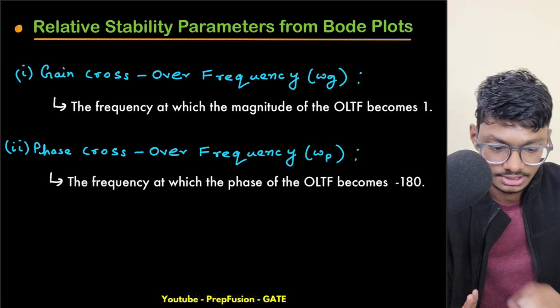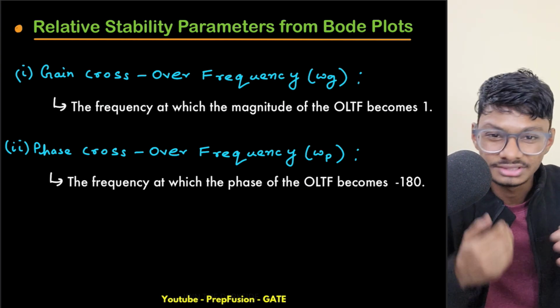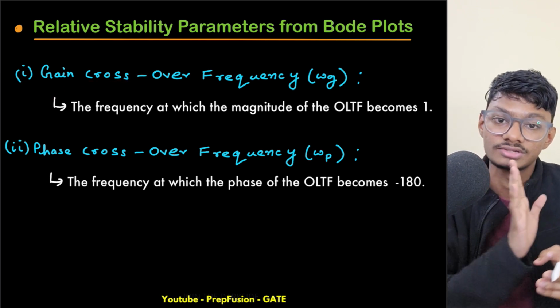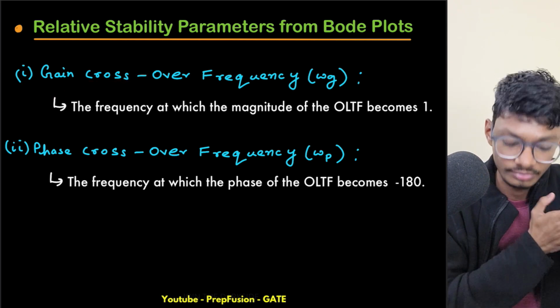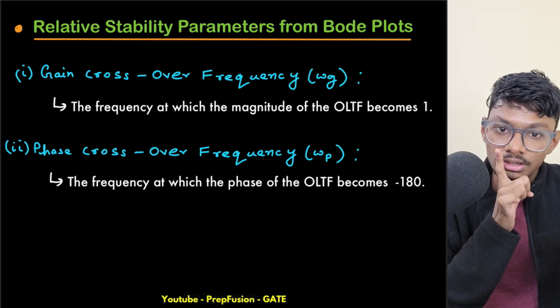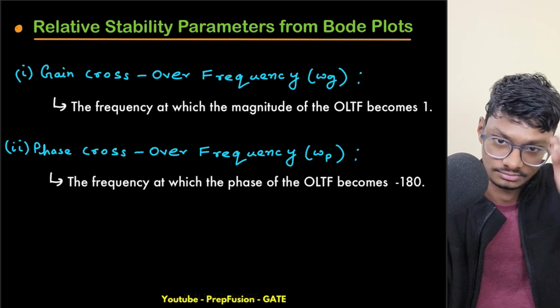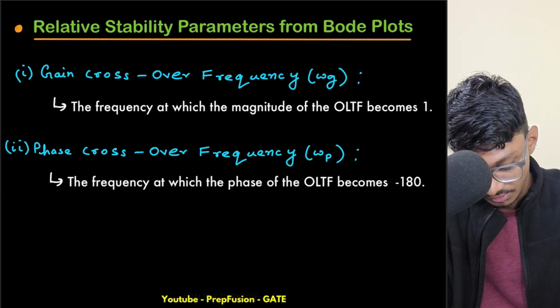Now let's start with our relative stability parameters. Nothing to define here, we already know everything. What is gain crossover frequency? Gain crossover frequency is the frequency at which the gain of my OLTF becomes 1. But all these are defined for unity negative feedback system. Do remember, unity negative feedback system.